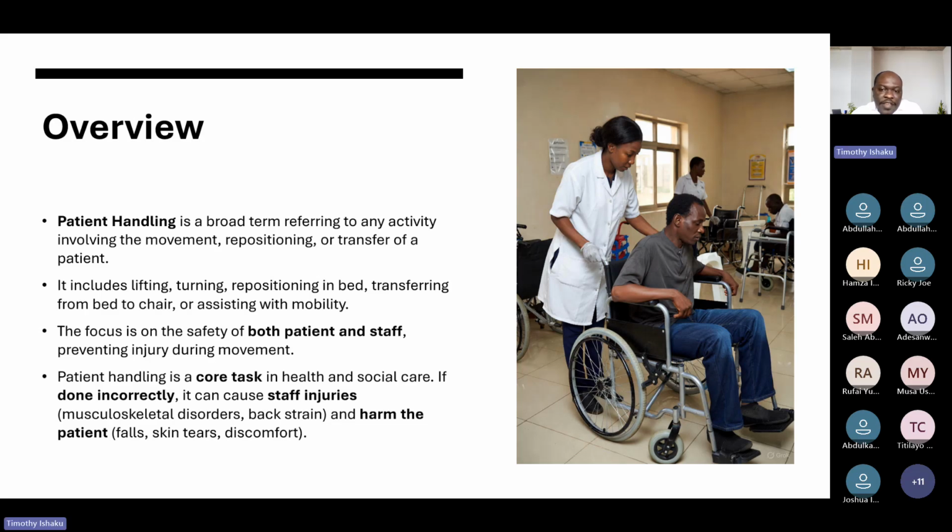While we have the intent of delivering the best service to the patient, and of making sure that we protect ourselves, maybe the lack of awareness, or the equipment, or the lack of knowledge itself, has caused a lot of MSK injuries to the person doing it as well as to the patient.